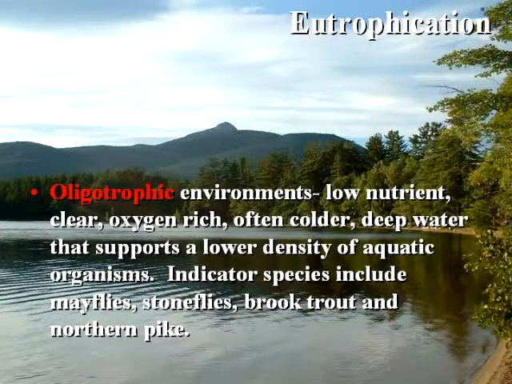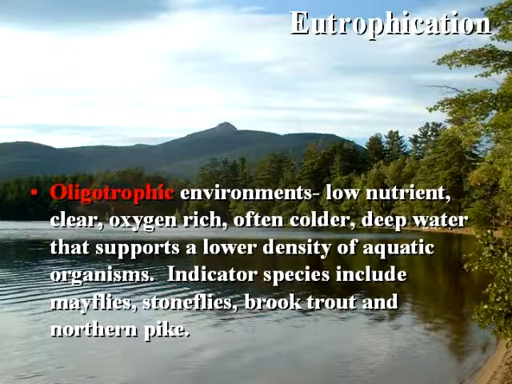So again, to summarize, oligotrophic systems are those that tend to be low in nutrients with clear, oxygen-rich, often cold water that supports a lower density of aquatic organisms, but in many ways higher quality kinds of aquatic organisms.